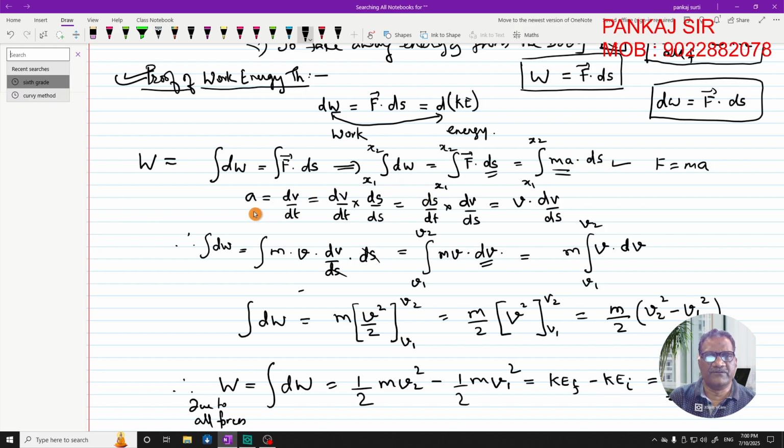Now we know that acceleration is equal to dv upon dt, rate of change of velocity. Acceleration is equal to dv upon dt. This dv upon dt I am going to multiply and divide by ds, which I can always do. On doing this, this ds upon dt I am going to write as v, because I know ds upon dt is v.